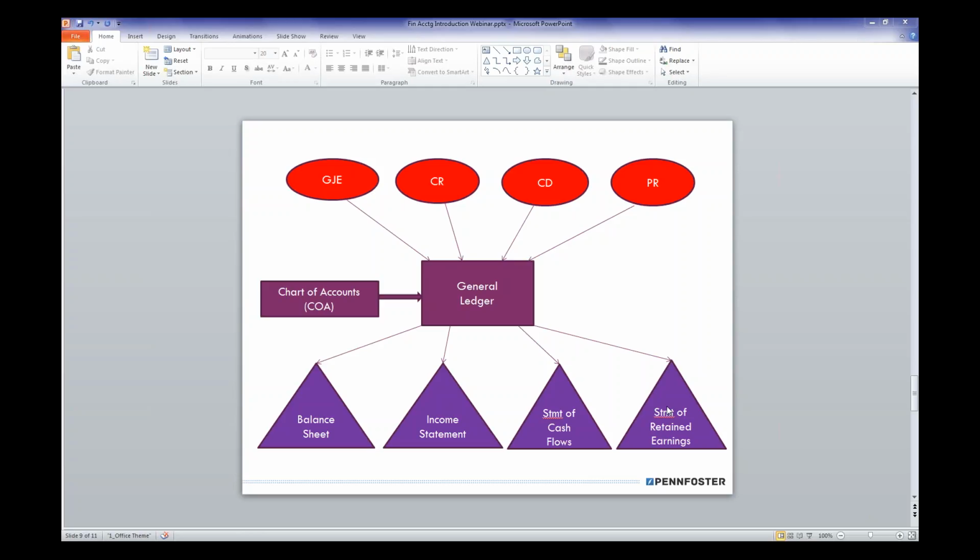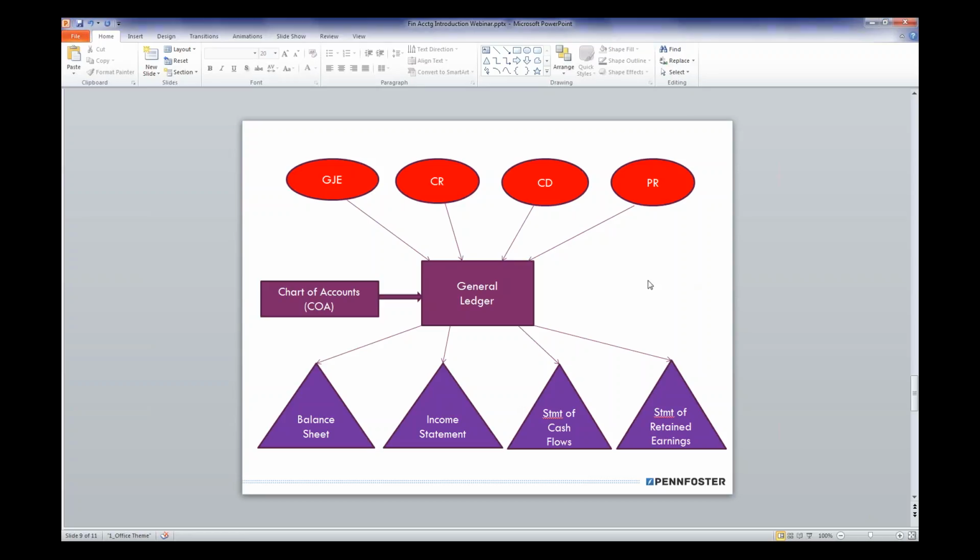Well, you have to be able to track what's going on in that manufacturing plant. So there are a lot of additional financial statements that can be created. Just realize that every business has a balance sheet and an income statement. Beyond that, the two more common ones are the statement of retained earnings and the statement of cash flows, but there are many others that can be created.